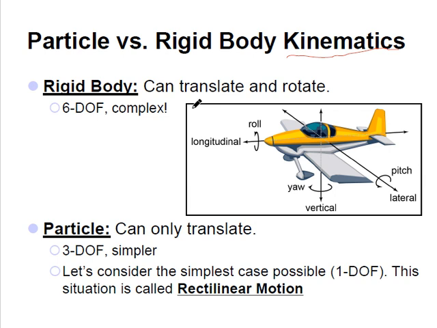So you get 3 degrees out of it, and here another 3 degrees of freedom. If you can do translation and rotation like rigid bodies, you get 6 degrees of freedom. If you can only do translation like a simple particle, then you have only 3 degrees of freedom.